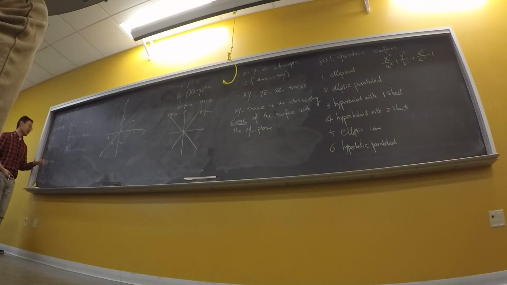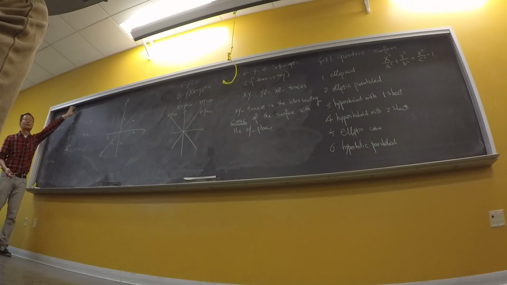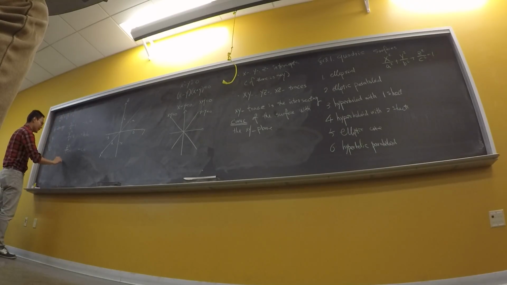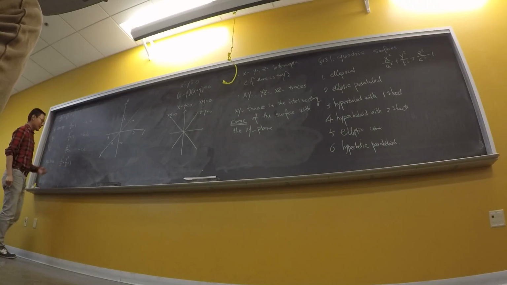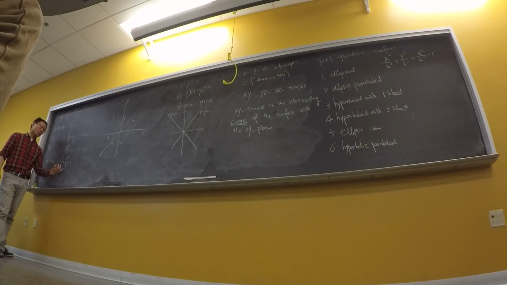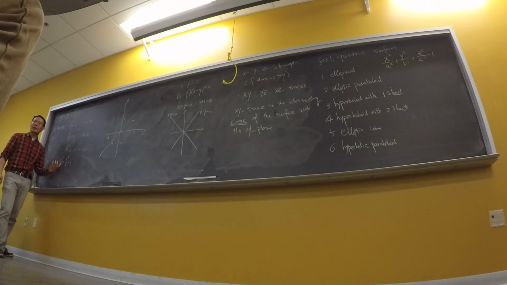So in order to find the xy trace, I'm letting z equals 0. So x squared divided by a squared plus y squared divided by b squared is equal to 1. This is the intersection between the surface and xy plane, which is actually defining the ellipse on xy plane.